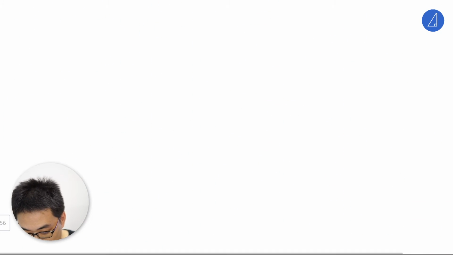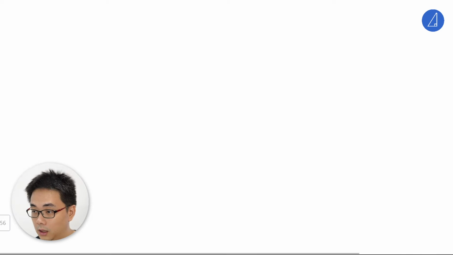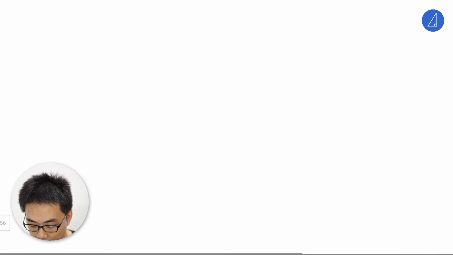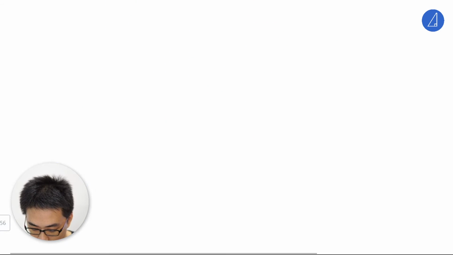Okay, so this case here, you want to express this. So usually what I'll do is I'll write in equation form. I don't really like to write, so I write the whole equation down. Okay, so write it down, use this result to find. So I'm going to write it down.